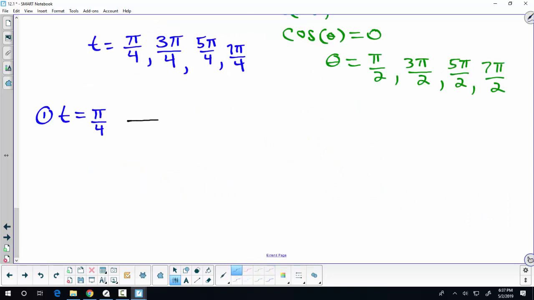And we're plugging that back into the original x is sine of 2t, y is 2 sine of t. We're going to do that for all 4.